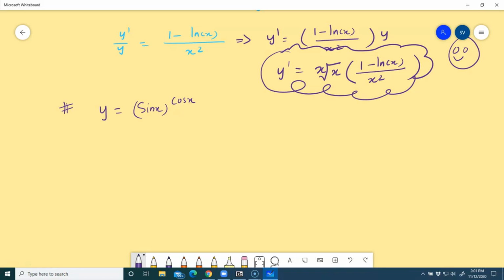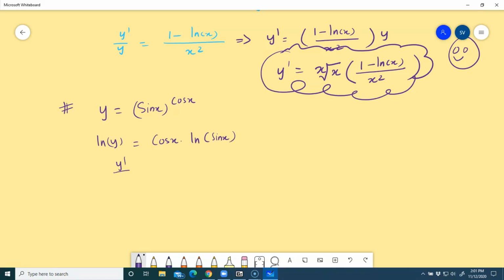Apply natural log on both sides, that is ln of y equal to cos x times ln of sine x. I skipped one step here. Now you can apply derivative on both sides, that means differentiate both sides of the equation.